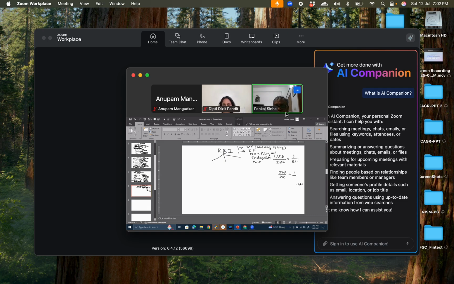Printing notes is something they can do. And then they are the regulator for banks.